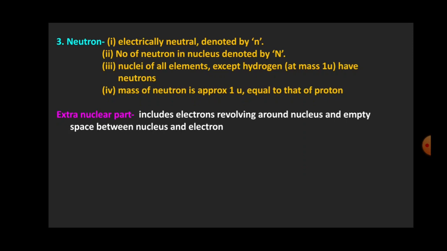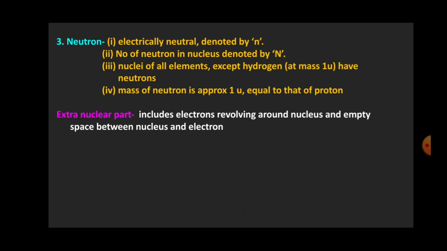Then comes the extranuclear part. Now the proton and neutron are present inside the nucleus, and together they are called nucleons. What is present outside the nucleus is called the extranuclear part.